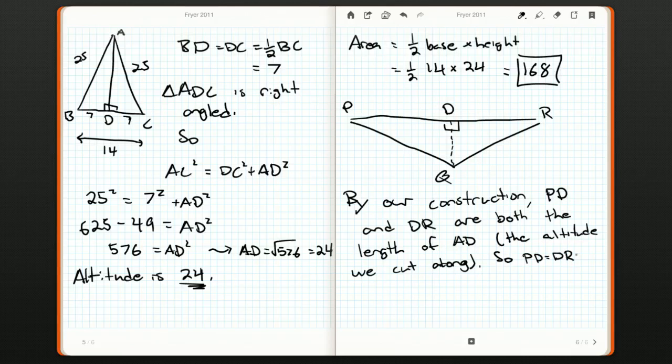So PD and DR are both going to be the same as AD, which was 24. We figured that out in the last part.